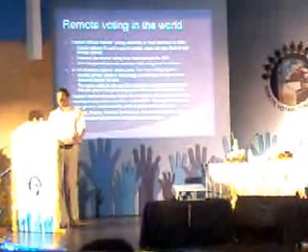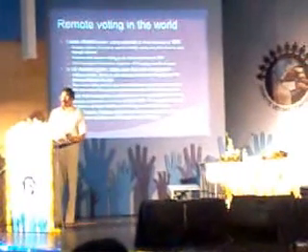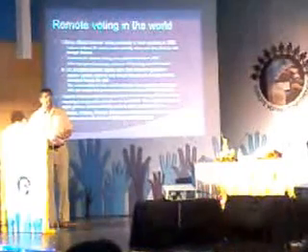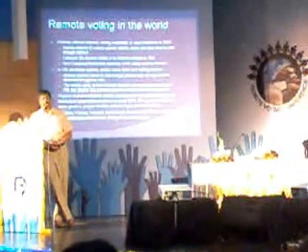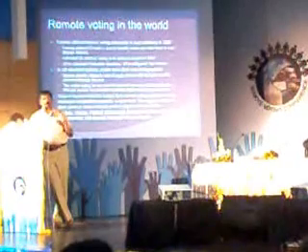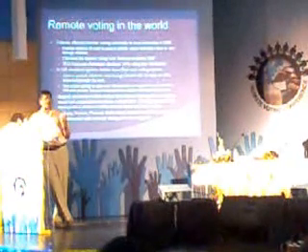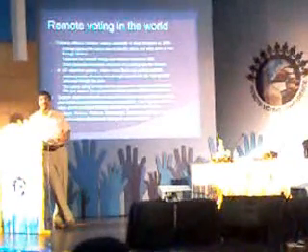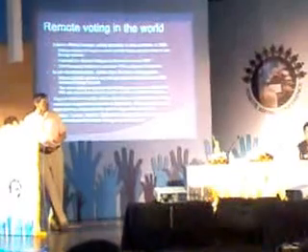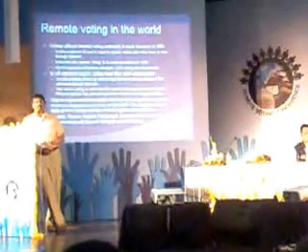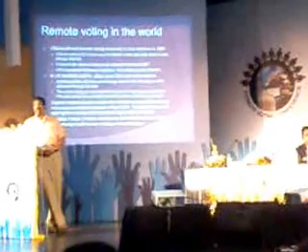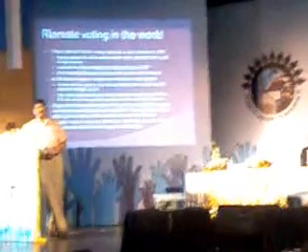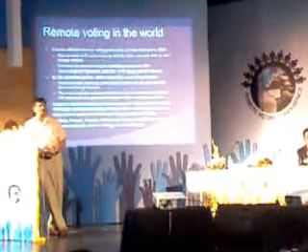Let's look at remote voting as it is happening in the world. I think Estonia was the first country to adopt e-voting in a major public election, in 2005. The Estonian national ID card is a smart card that carries a lot of security and identity related information and access control mechanisms.